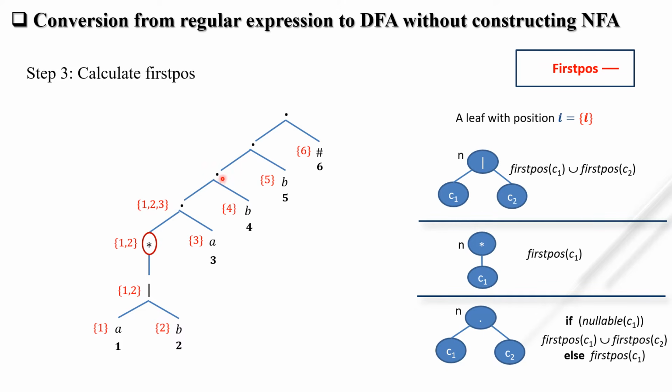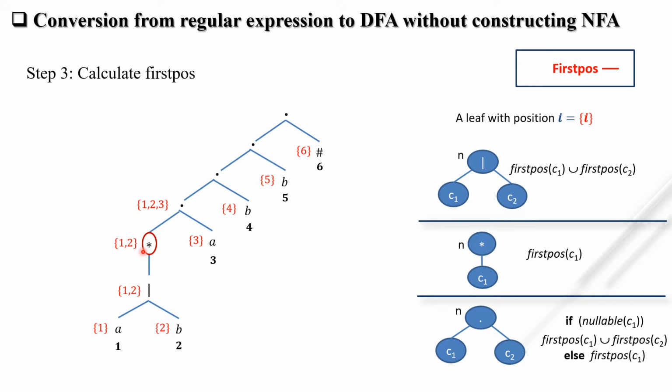Next we have to find the first position for this concatenation symbol. How do we find it? By this rule. If C1 is nullable... no, this is not nullable. Okay, so we go to the else part. The first position of this concatenation symbol is the first position of C1. What is the first position of C1? 1, 2, 3. We simply shift this 1, 2, 3 to the first position of this concatenation symbol.